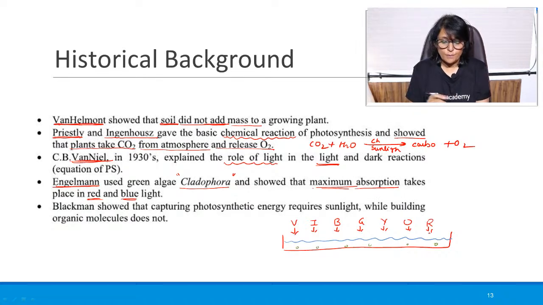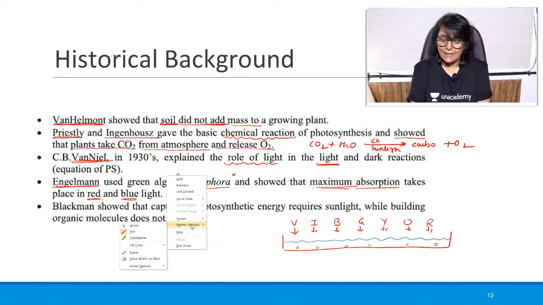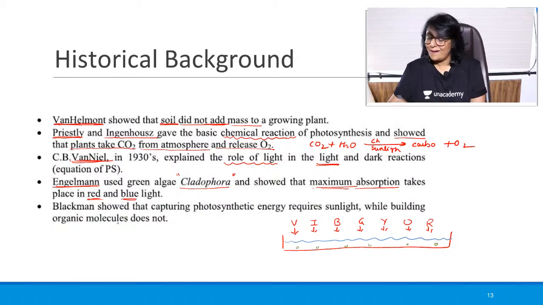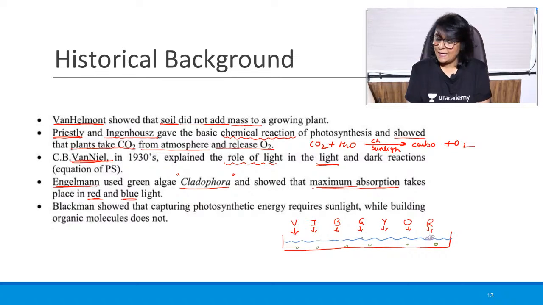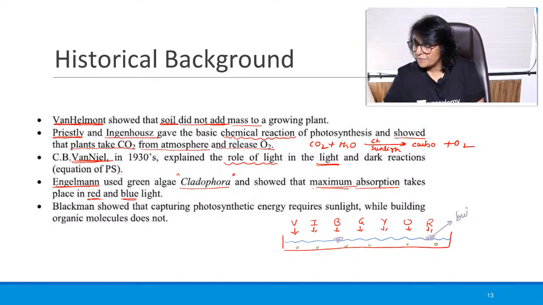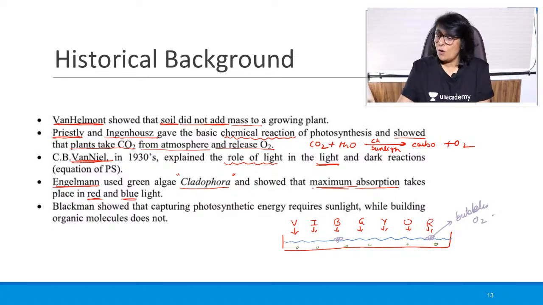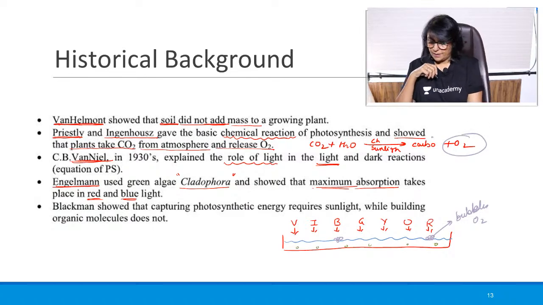What was observed was that in the area where there was red light, there were bubbles which were seen, and near blue light. These bubbles were of oxygen, and we know oxygen is a byproduct of the process of photosynthesis.